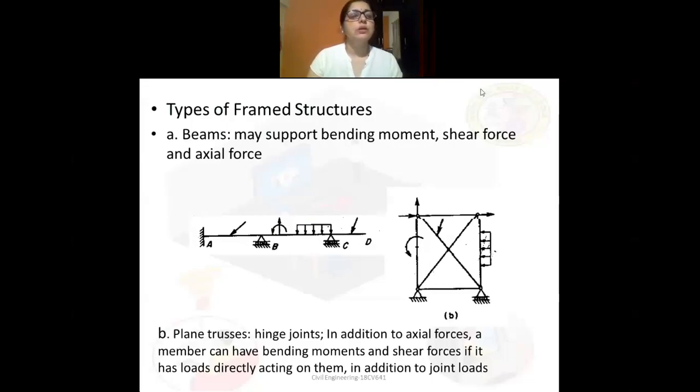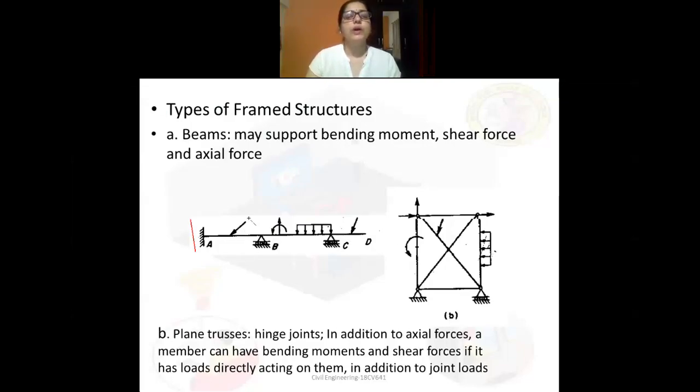I'll show you with the help of a pen tool. So here you can see a beam here, fixed support, hinge, roller and roller support, and CD is an overhang portion.